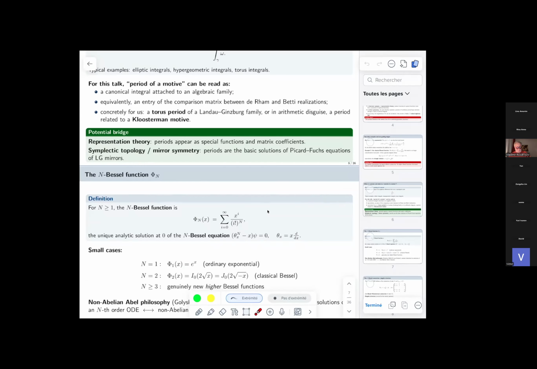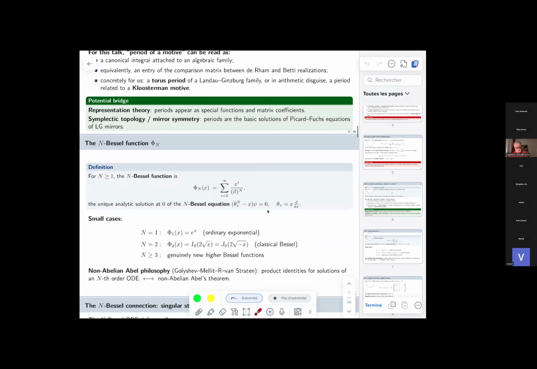But the properties of solutions of my differential equations are very similar and give some interesting relations with the periods, motives, and even combinatorics of similar type. I will explain this in a few minutes.